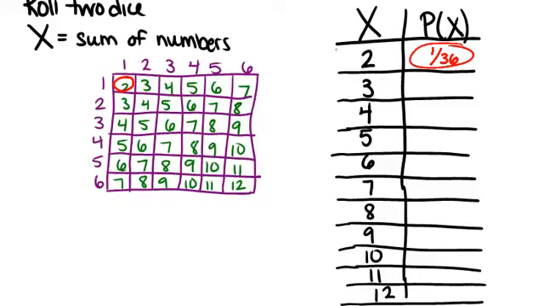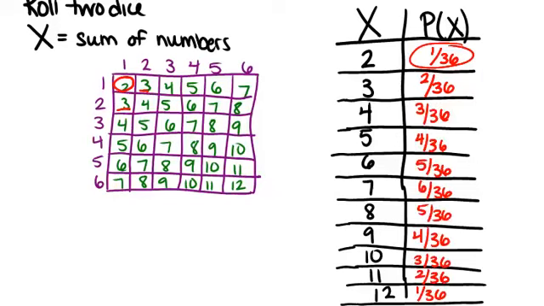So if x is 3, we can see there are two places where the sum is 3, so the probability is 2 out of 36, or you could reduce that to 1 out of 18 if you prefer. You'd keep going and fill in all your probabilities until you've filled in your whole chart. So this is an example of a probability distribution. It shows all the possible values for the variable from 2 up to 12 and the probabilities associated with each of those values.